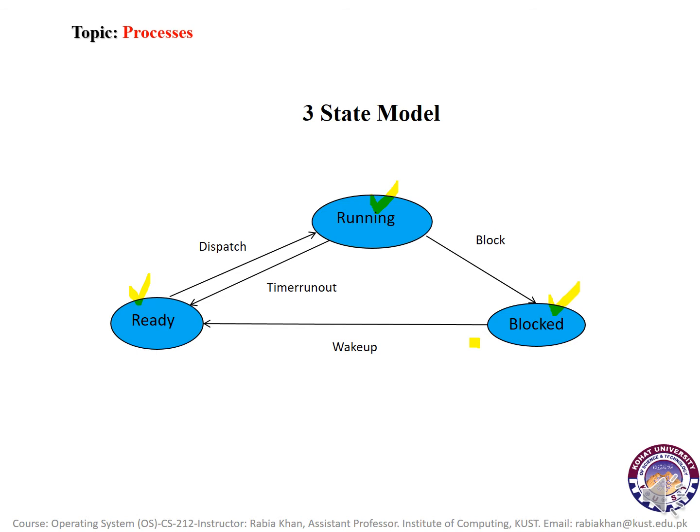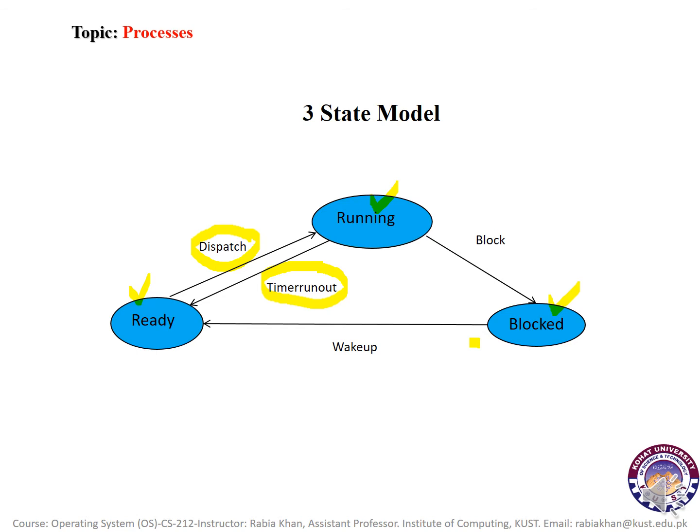Keep in mind, whenever you draw a state transition diagram, you must label these transitions. This shows the activity or the functions of the operating system which happen to change one state to another, so you need to label the transitions properly.